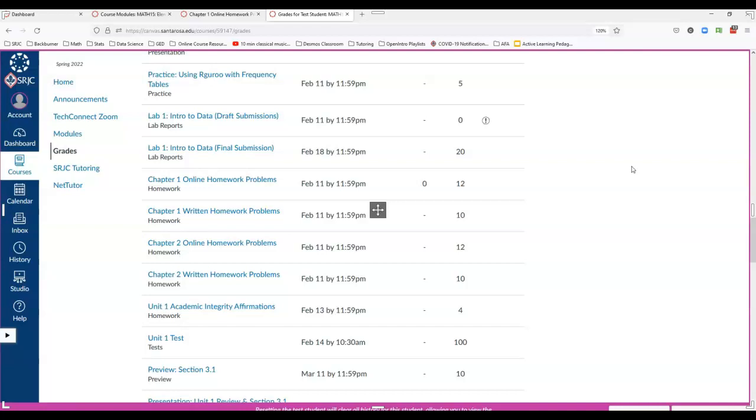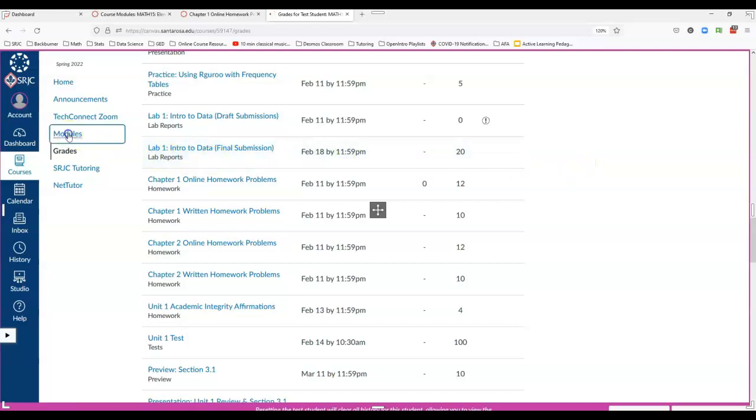So don't get too worried if you see a score of 0 and think, oh my goodness, is that going to change? And the answer is yes. As you keep working through the online homework problems and you get more correct answers, your score will go up until hopefully you get a score of 12 out of 12 for the Chapter 1 online homework problems.